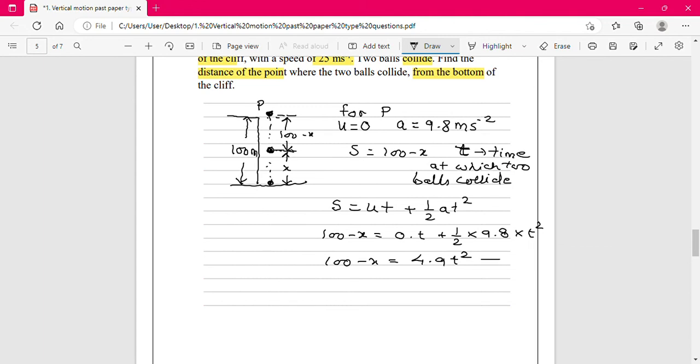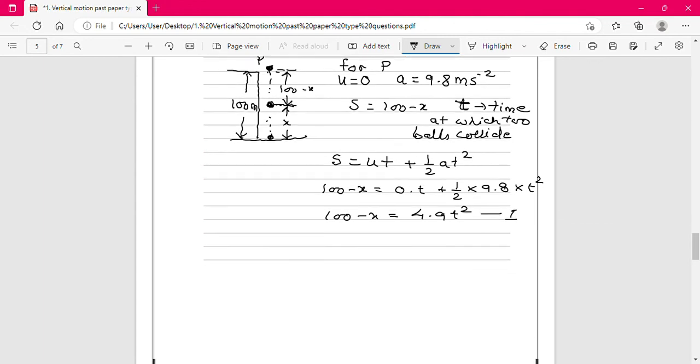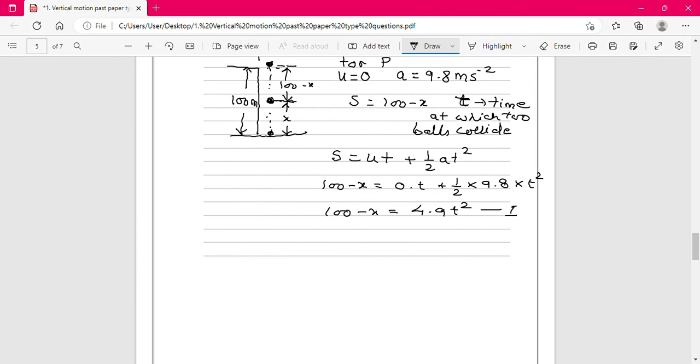So take this as equation 1. Now consider the journey of ball Q. For the ball Q, now this ball Q is projected up with a velocity of 25 meter per second. That means u is 25 meter per second.